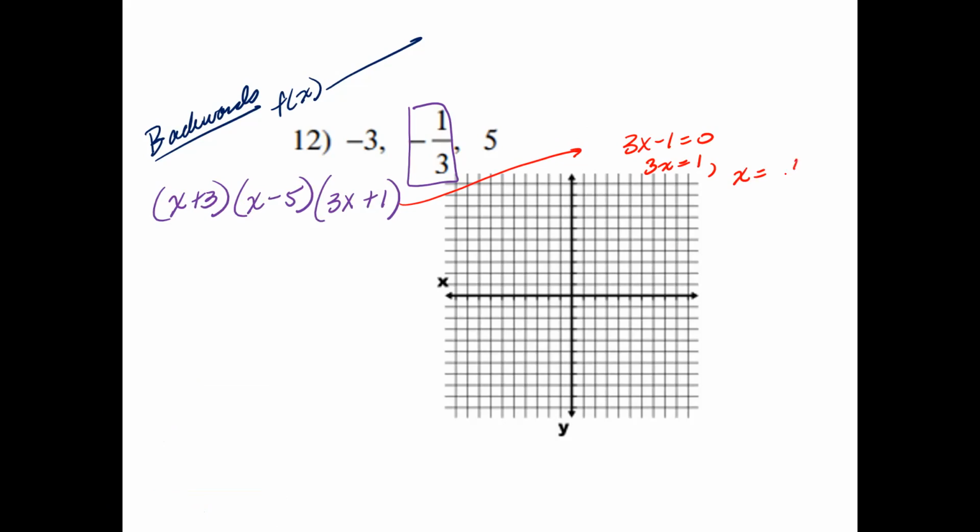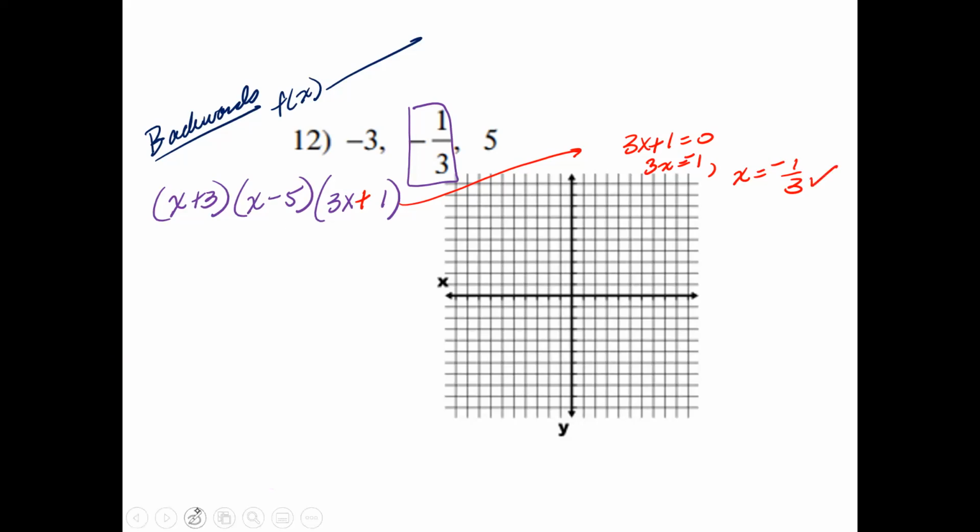X equals negative 1 over 3. So does that check out? Yeah, it does, okay?